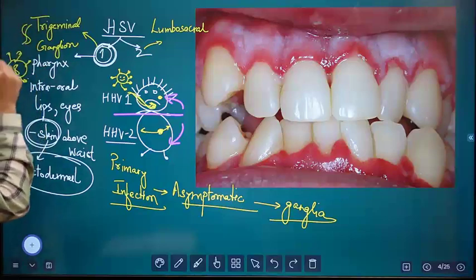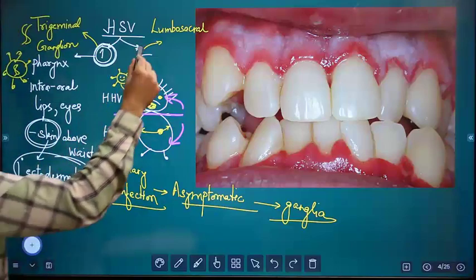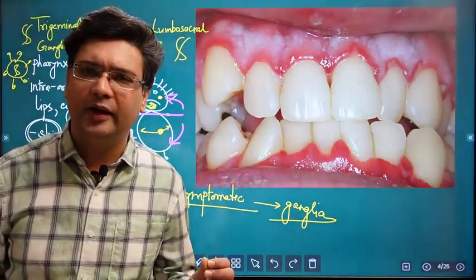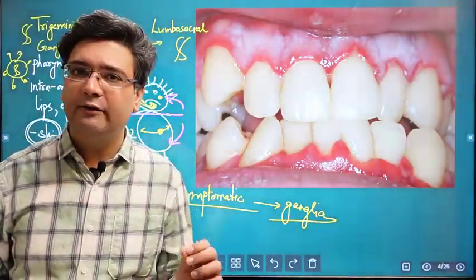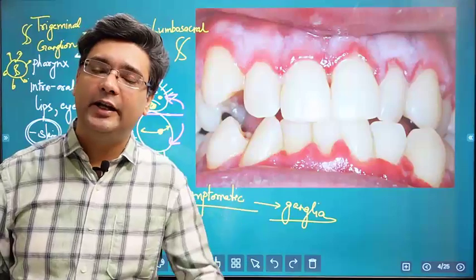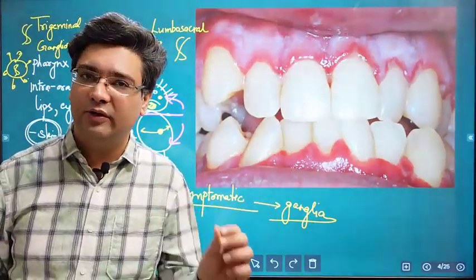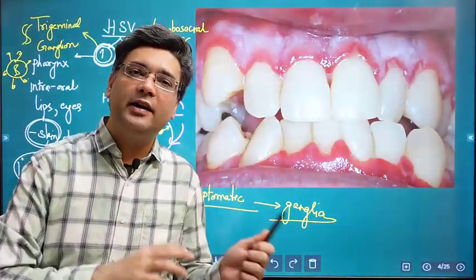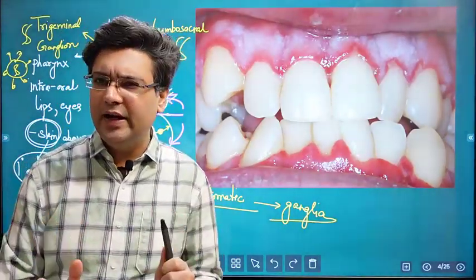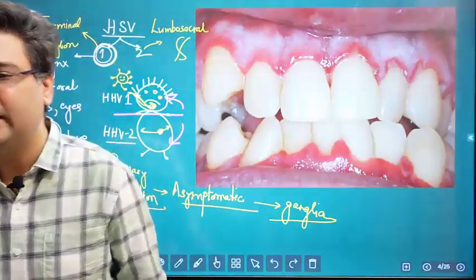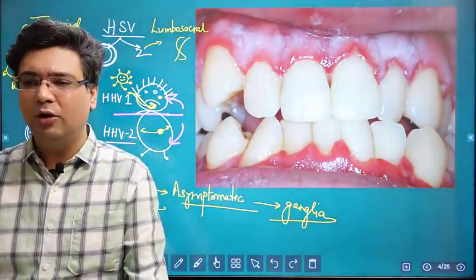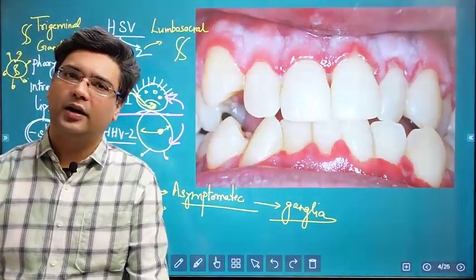It is this DNA content which is going to live in the trigeminal and the lumbosacral ganglions. Ultimately when it is going to reinfect, it is later on again going to convert into the virus. So when this virus is living latently inside the ganglion, the DNA of the virus lives latently inside.